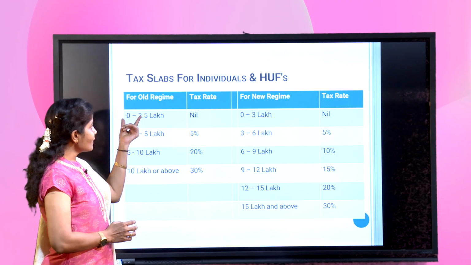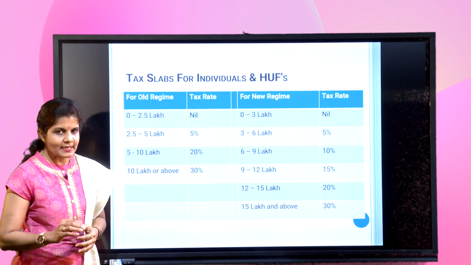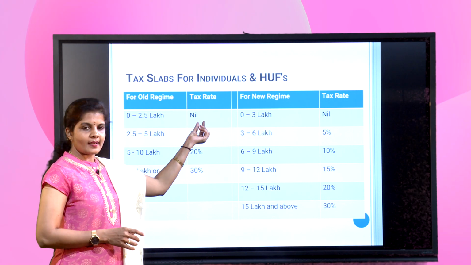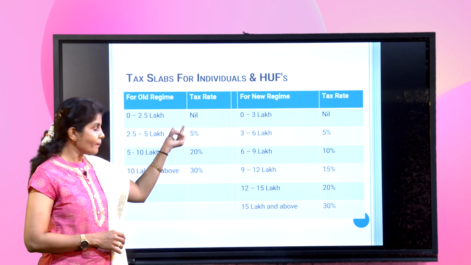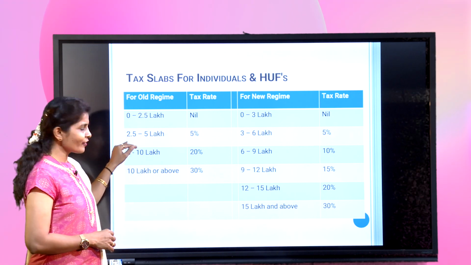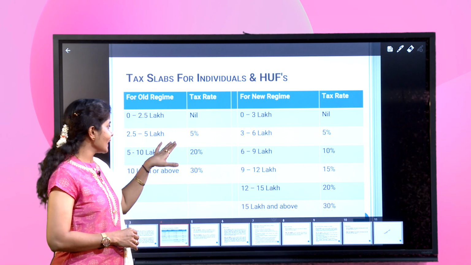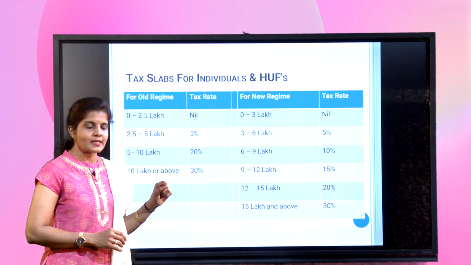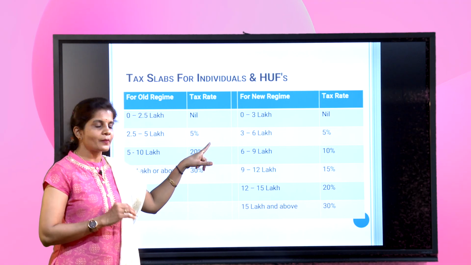Under the old tax regime, up to 2.5 lakh rupees there is no need to pay any taxes; that means the tax rate is nil up to 2,50,000 rupees. From 2,50,000 rupees to 5 lakh rupees, the tax rate is 5%.